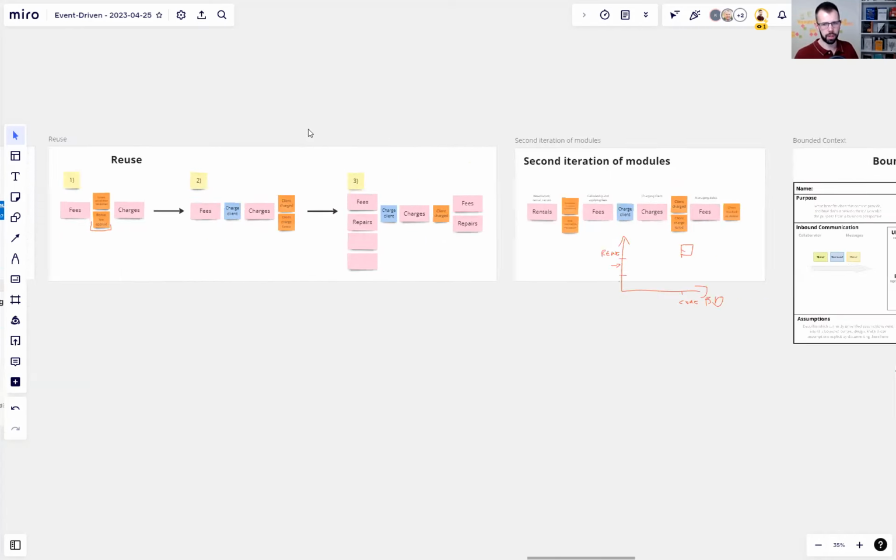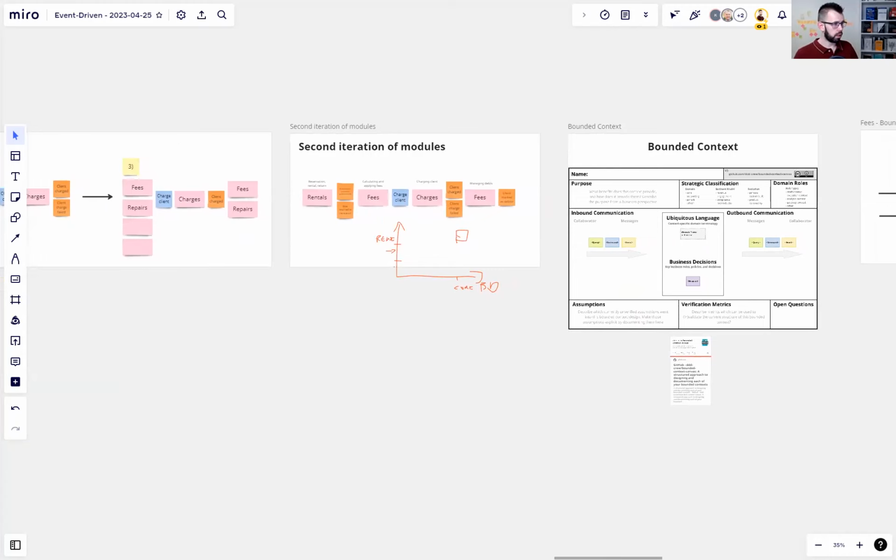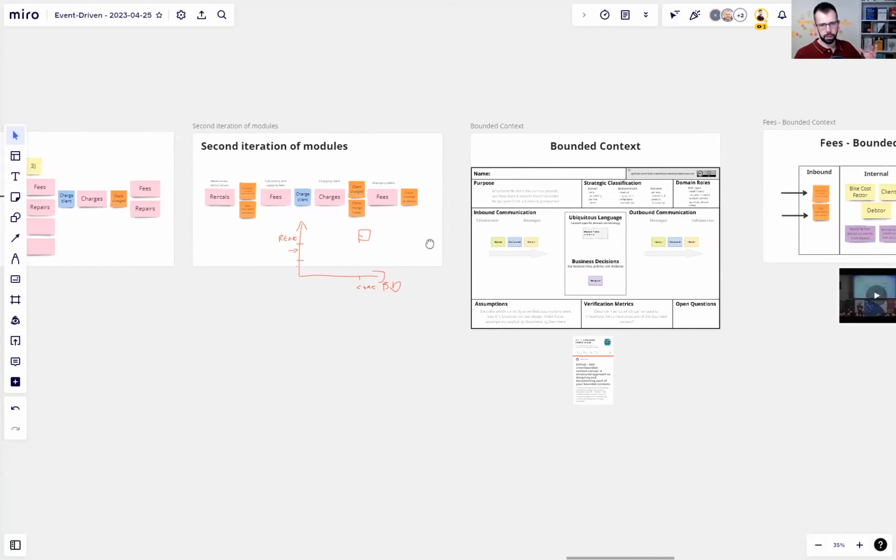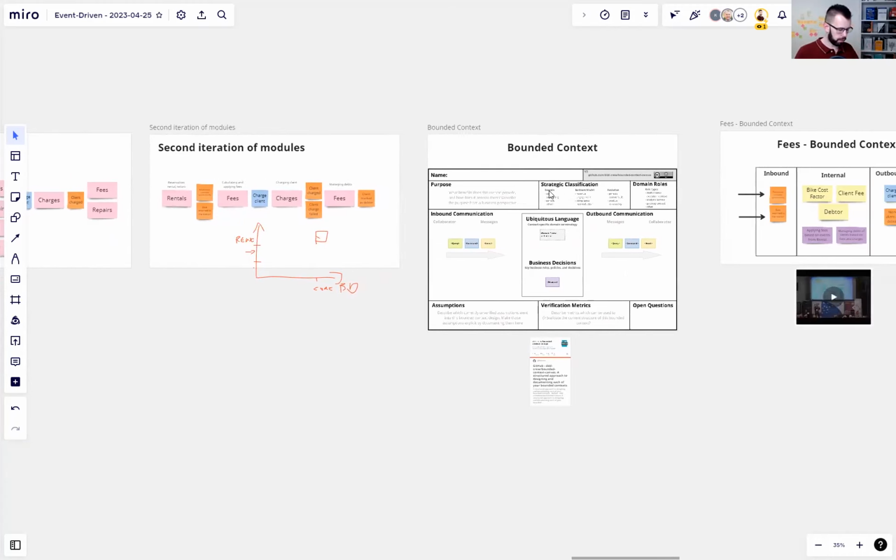From my perspective, I use context mapping after defining bounded contexts, as a tool to show the communication between different bounded contexts. So it's the tool that I use after, not before, defining modules. But if you do it differently, it's completely okay.